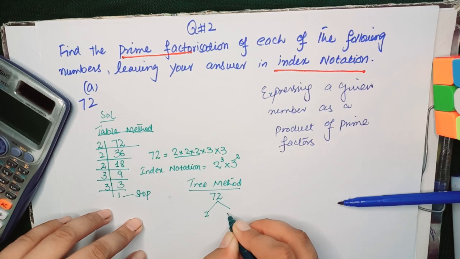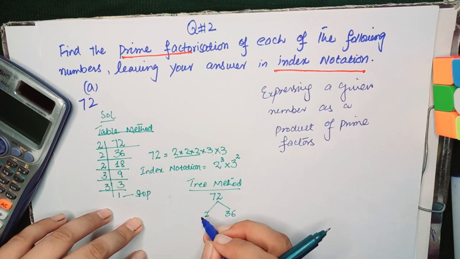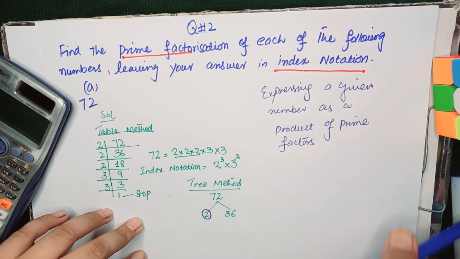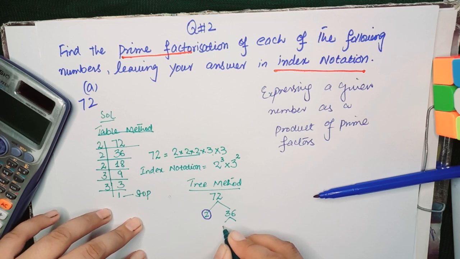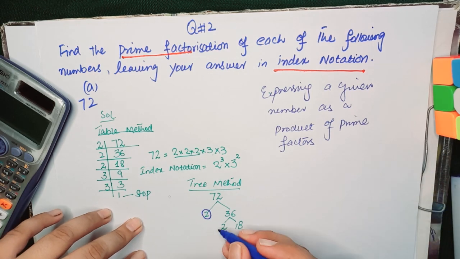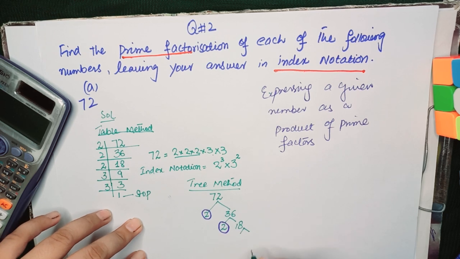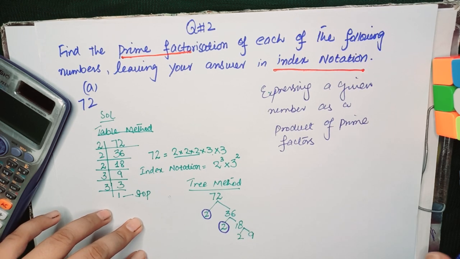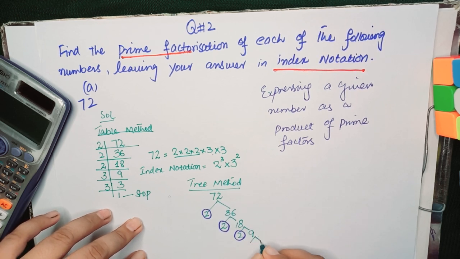Now 2 times 36 is 72. Okay, so I got the prime factor. I will circle it. Now again 2 with 36, so again 18, I got again the prime factor, so I will leave it, and then 18 is 2 times 9, again I will get the prime factor 2, and 9 is not prime, so I have to do it again, like 3 times 3.